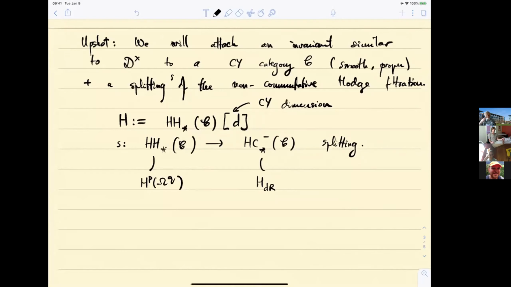All right. So this is the first half of the talk for today. I've just explained what our goal is. Maybe to finish, what is this D associated to a category C and the splitting S? It will live as before in some kind of completed version of H minus adjoined formal variables H bar and lambda.